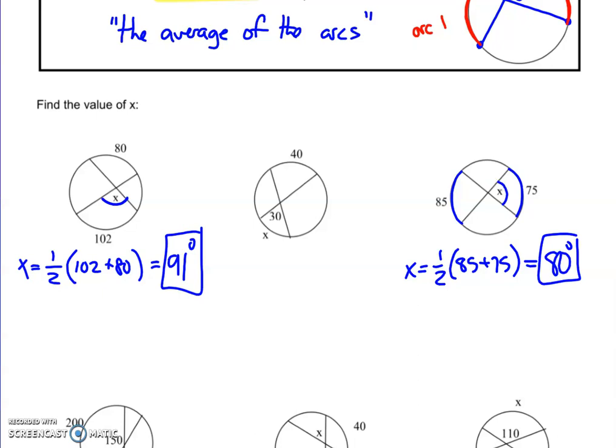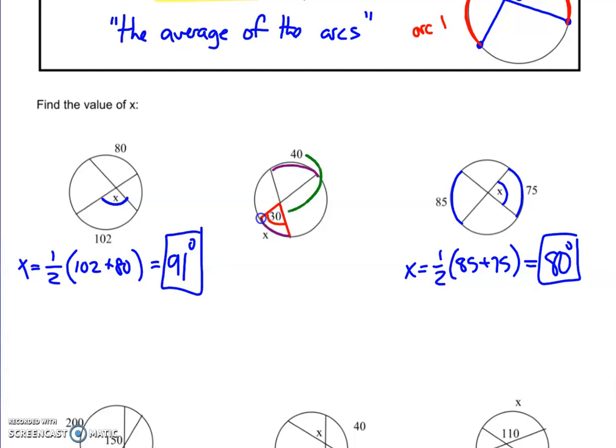The one in the middle is a little bit different because I give you the angle. You know the angle's 30, and I'm trying to find this arc here, and the other arc is 40. Well, if we're finding the average of two numbers, you guys probably notice that there is a pattern. And here's the pattern, kind of like we did with a midpoint.